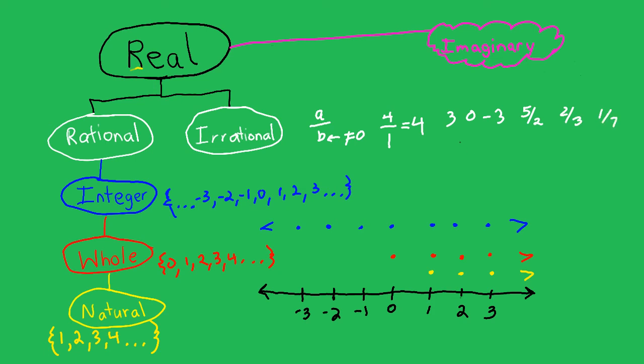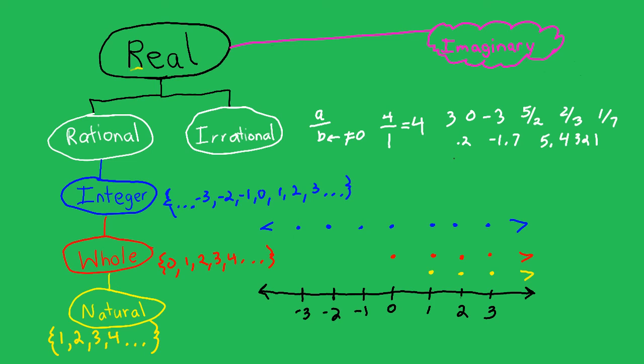But decimals are also rational numbers because they can be expressed as fractions. So 0.2, negative 1.7, 5.4321. Any number with a decimal that ends or has a repeating pattern.